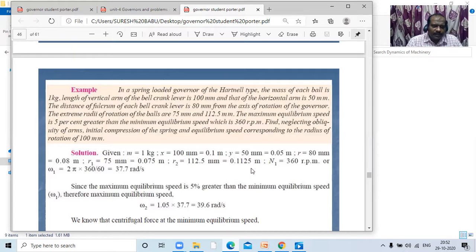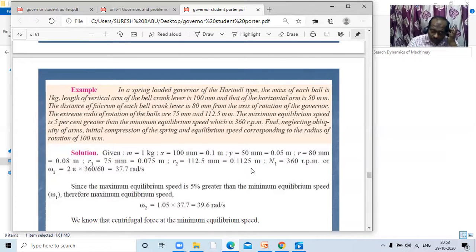The extreme radii of rotation of the balls are 75 mm and 112.5 mm. The maximum equilibrium speed is 5% greater than the minimum equilibrium speed, which is 360 rpm. Find, neglecting obliquity of arms, the initial compression of the spring and the equilibrium speed corresponding to the radius of rotation of 100 mm.